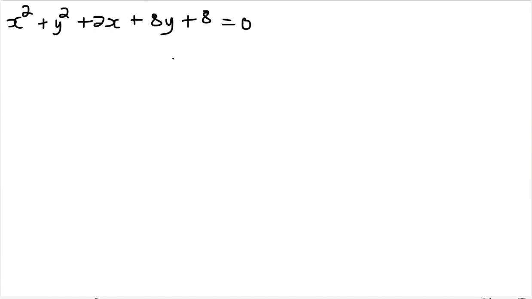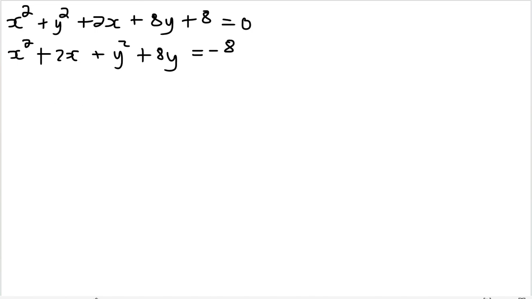So the first step, like we did in the previous one, is to first group the x's together and the y's together. Okay, so we're gonna group x squared plus 2x together, and then we group y squared and positive 8y together, and we take the constant to the right hand side.